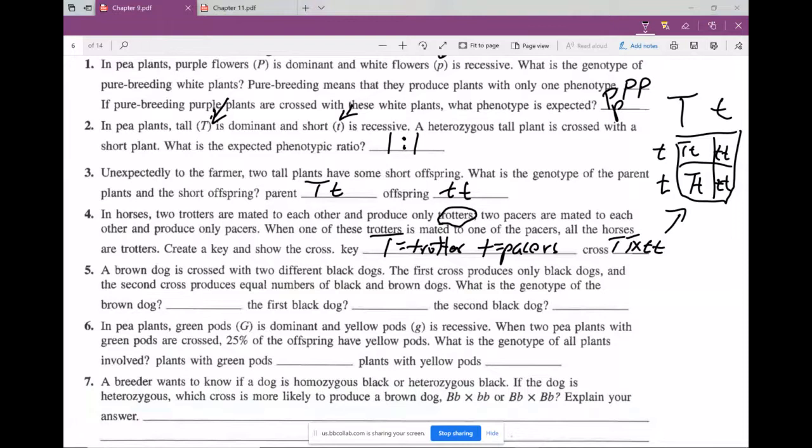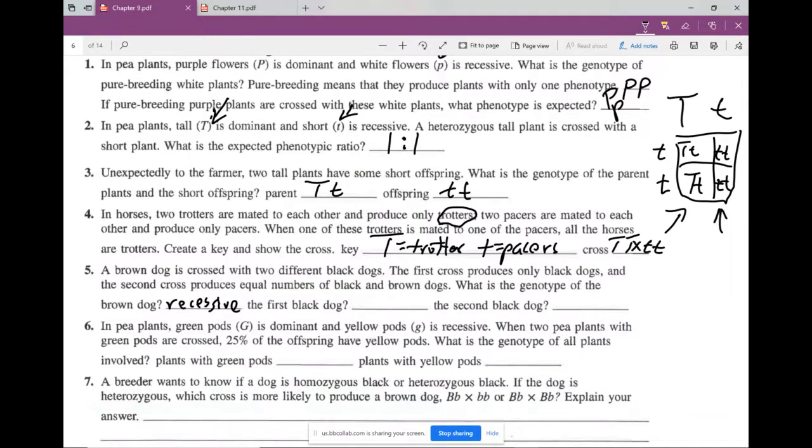Okay, so in this case, you have equal numbers of one phenotype versus the other. So we know that the brown dog is going to be recessive. Let's call it little b, little b. Actually, I think they might just be looking for the word recessive.